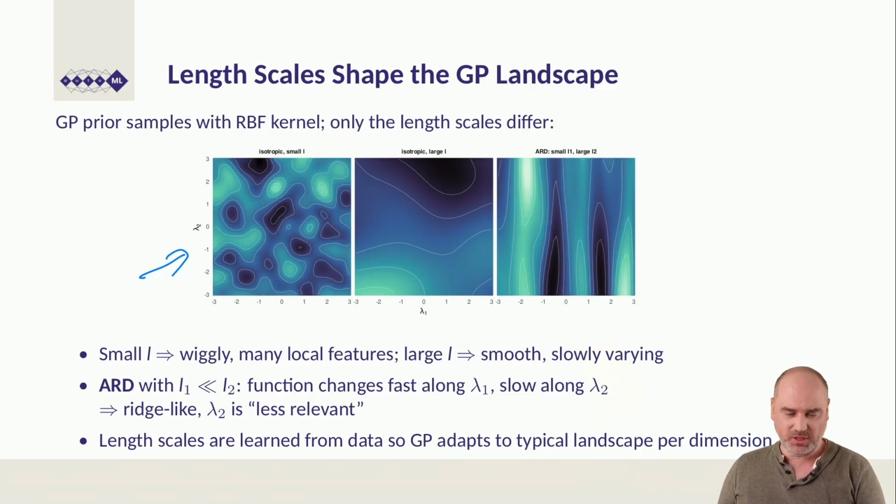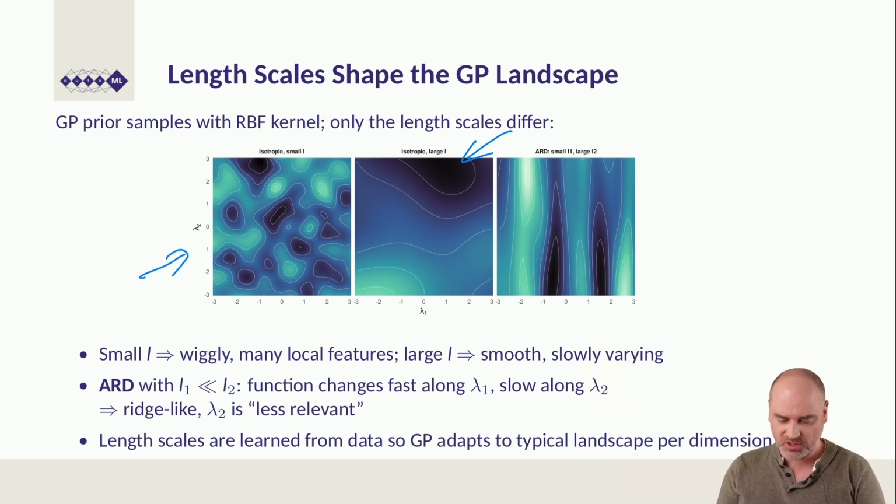You can see that if I use now a small L, the function I'm modeling becomes quite wiggly. So there are many local structures I'm willing to model, and the function becomes quite bumpy and wiggly. If I'm using a larger L, the function is way smoother and changes way more slowly across this 2D input space.